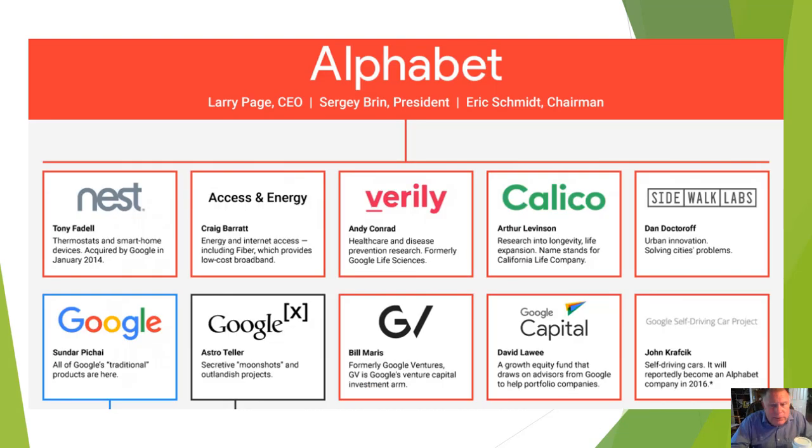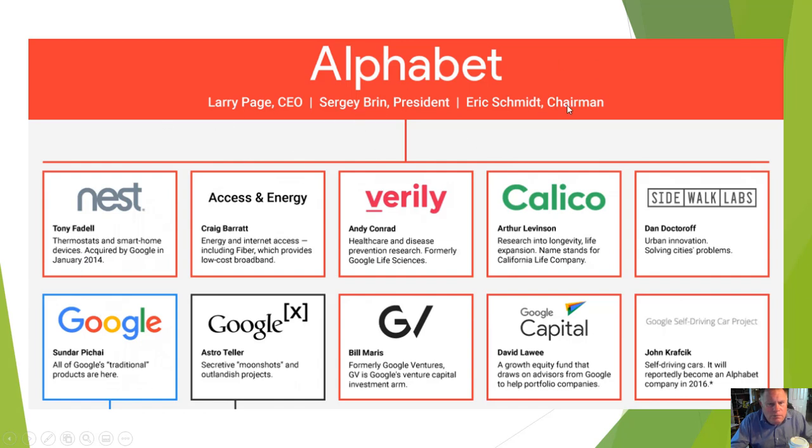Here's Alphabet, formerly known as Google, and they've broken their business down into companies. So they don't necessarily have an org chart for the total company, but they have these various projects and businesses.